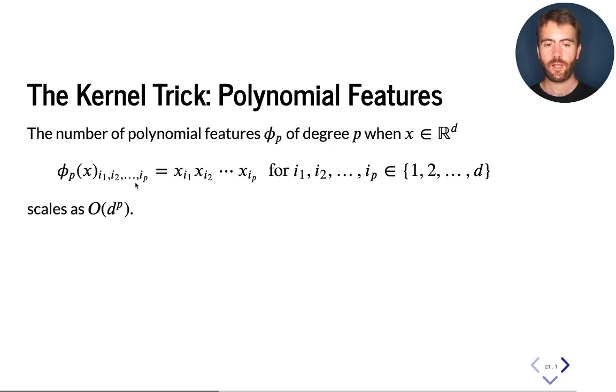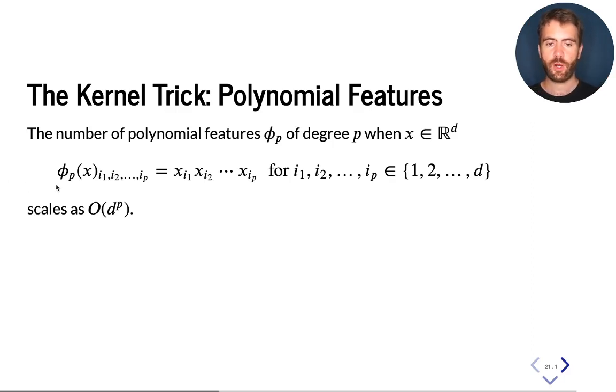And the value of the vector phi at this component is simply the product of these dimensions. This is a generalization of what I had in my earlier slide. If p equals 2, then I get exactly the same thing. But now instead of having my features be all the products between pairs of attributes, now my features are all the products between a subset of p of d attributes.